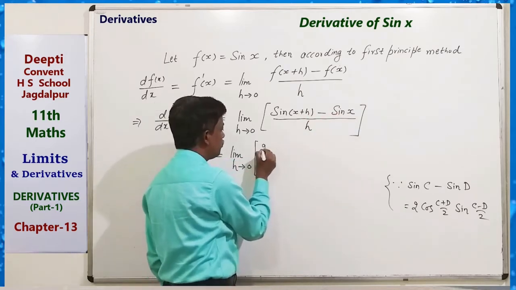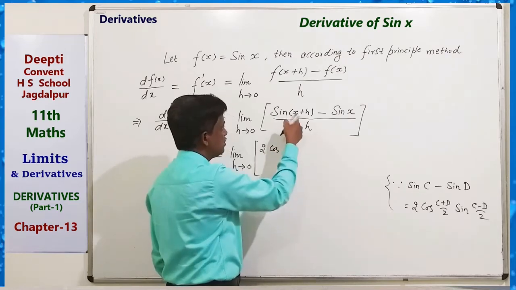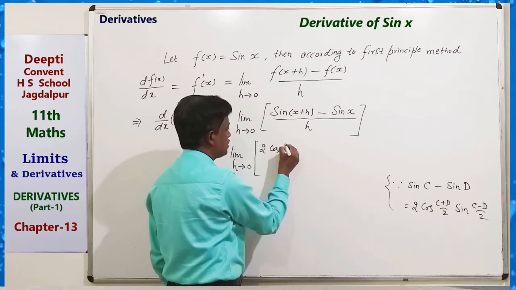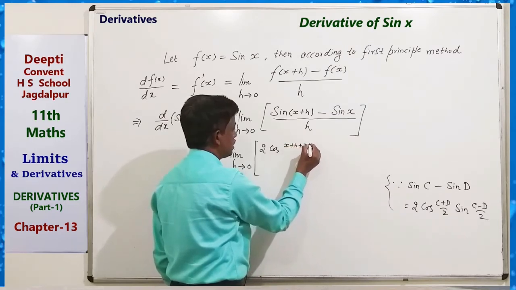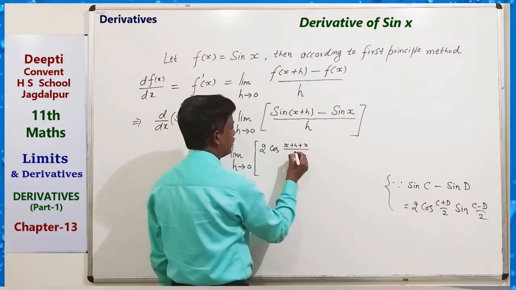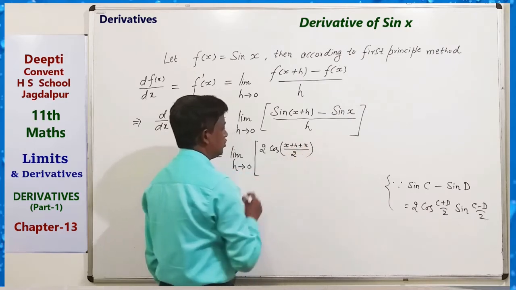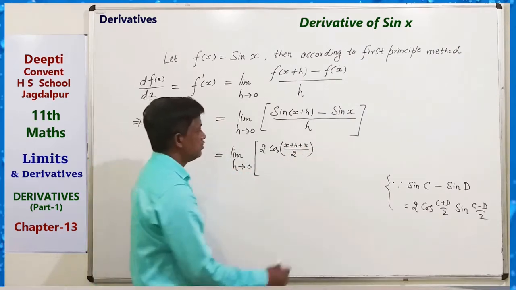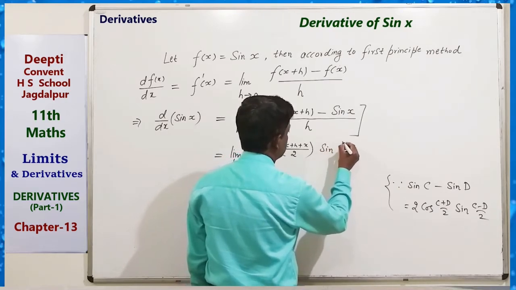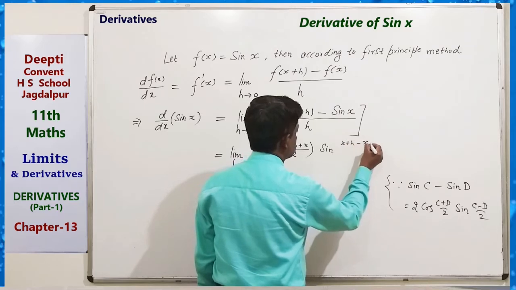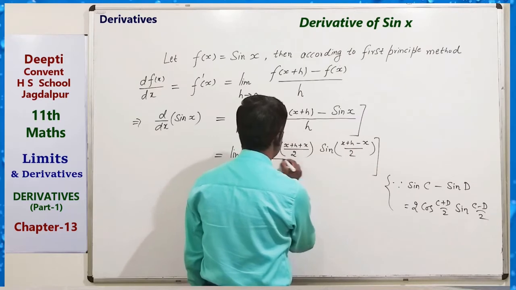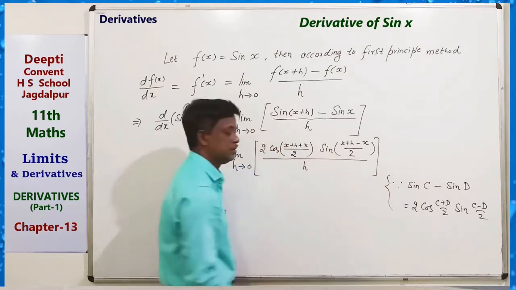So 2 of cos of (c plus d), this plus this, that is (x plus h plus x) upon 2, into sin of (c minus d), (x plus h minus x) upon 2, all this upon h.